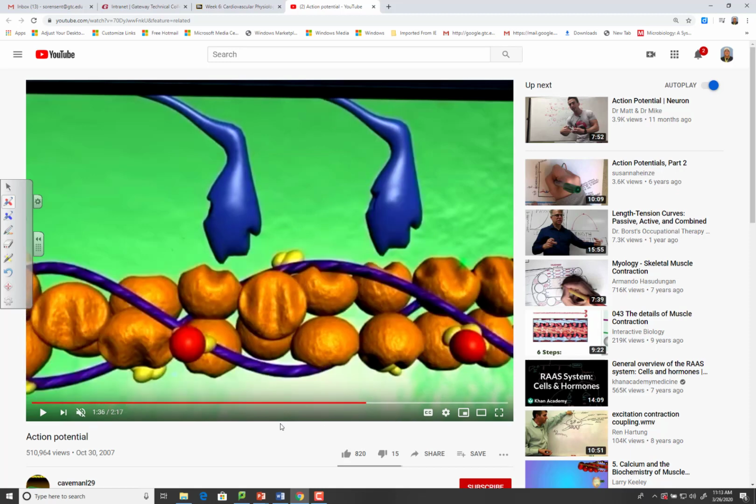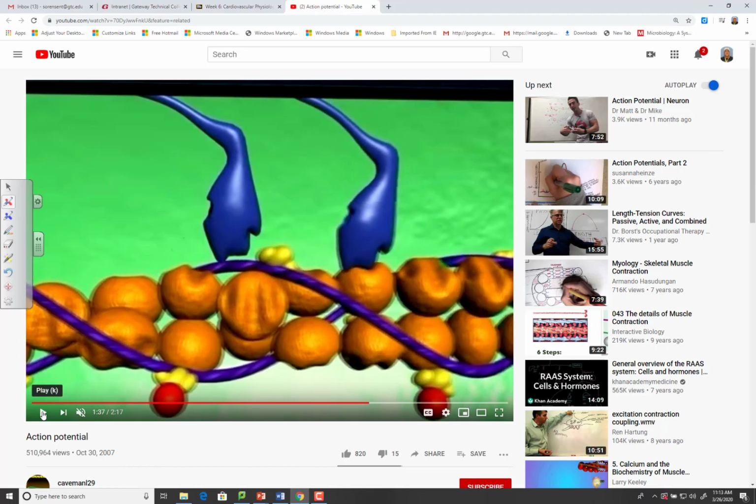What happened? Calcium bound to the troponin complex. It causes the tropomyosin to twist out of the way. Now the binding sites on actin for the myosin head are revealed, and the myosin head's going to bind to the actin. What sits on the myosin head? ATP.